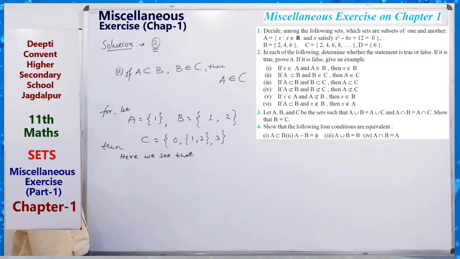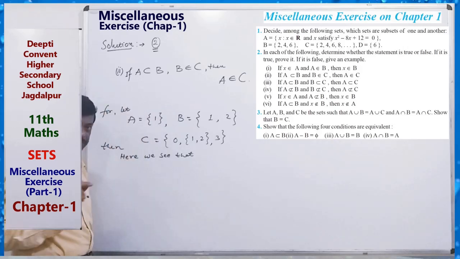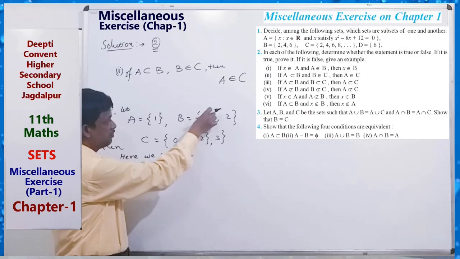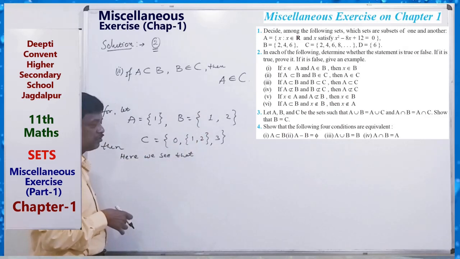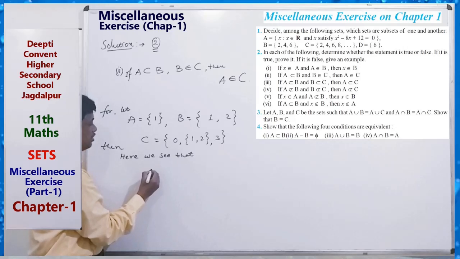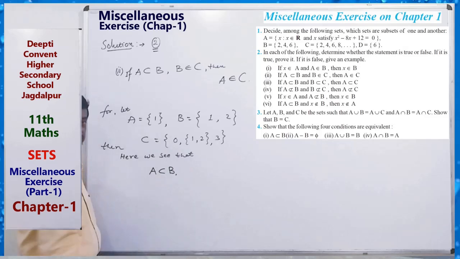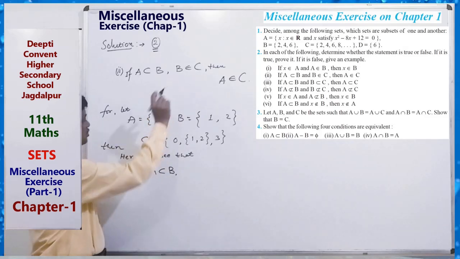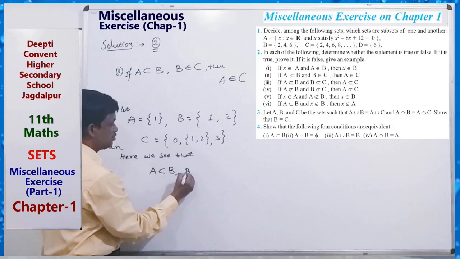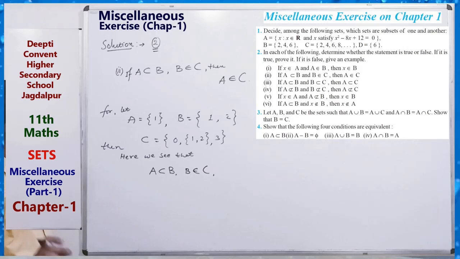then here we see that A subset B, A means 1 element. This is a subset of this, very clear, because its subset can be taken by only one. So A subset B and B belongs to C. B, completely 1, 2, the complete set, belongs to C. Clear?